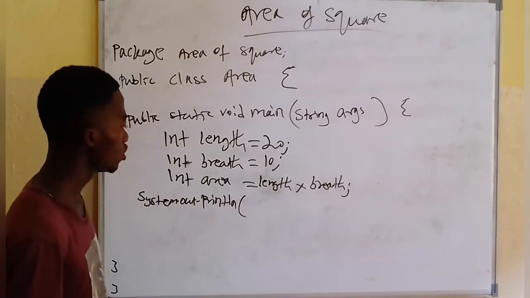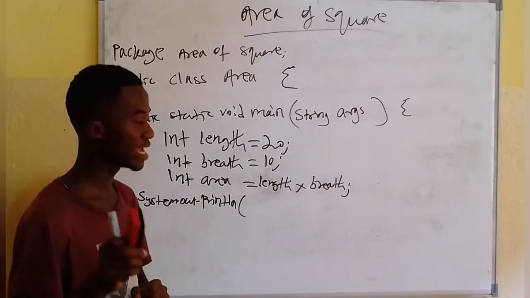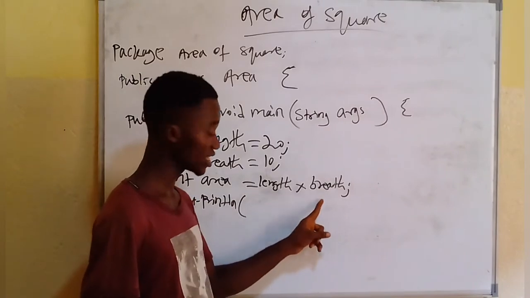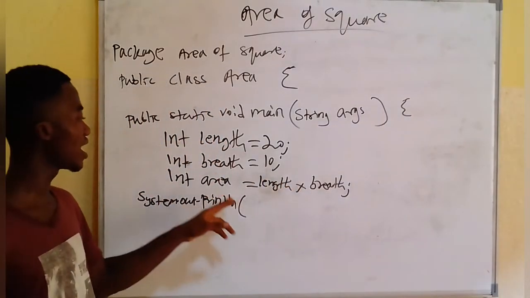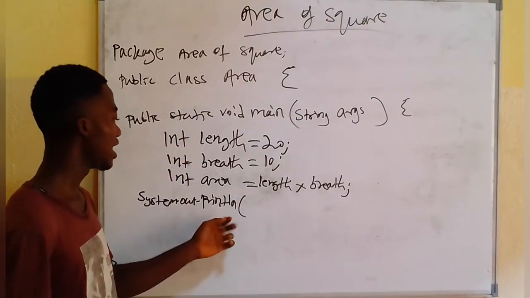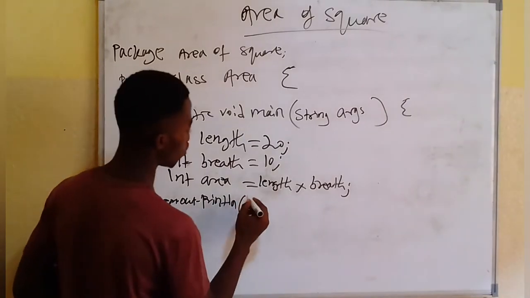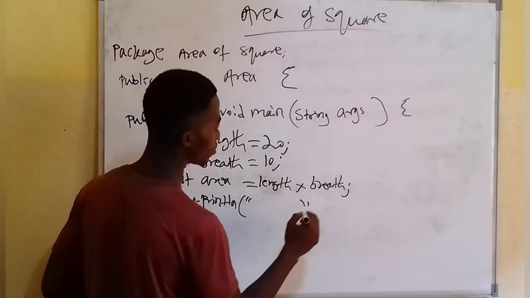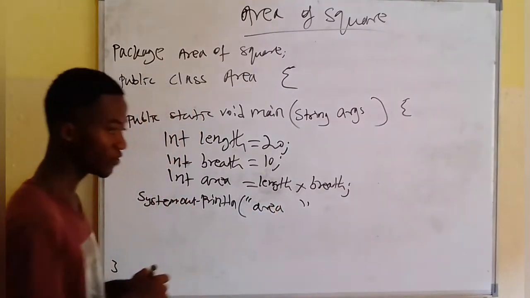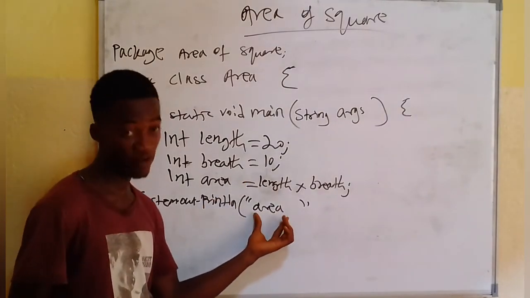So for you to be able to have the result of this 20 times 10, you are just going to take area and pass it as an argument inside these parentheses, because you have already said area equals length times breadth. So in this println method, you are going to pass area. If you pass double quotes here and then write area like this, you will not get the value of length times breadth; you will just see the word area.